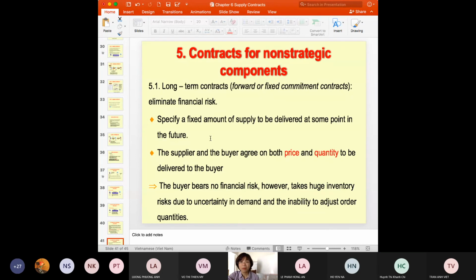For long-term contracts, we eliminate the financial risk. They specify a fixed amount of supply to be delivered at some point in the future.